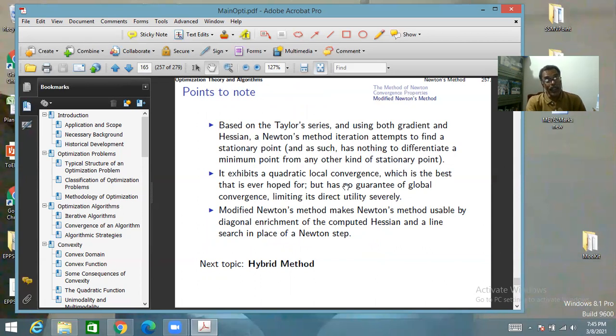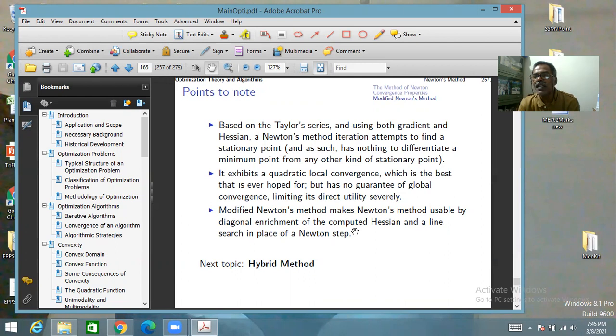It exhibits a quadratic local convergence, which is the best that is ever hoped for, but has absolutely no guarantee of a global convergence in the general setup, limiting its direct utility severely. However, if the function is known to be convex, that is, Hessian is positive definite everywhere, then you don't have to do anything. Newton's method can be used as it is, without looking left or right.